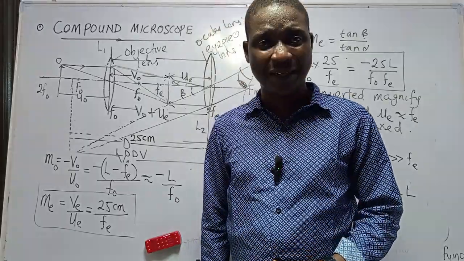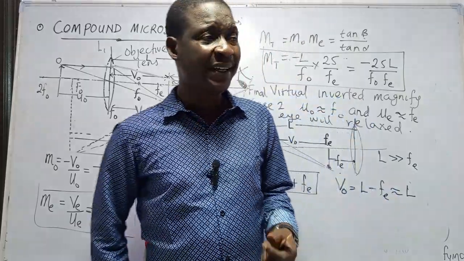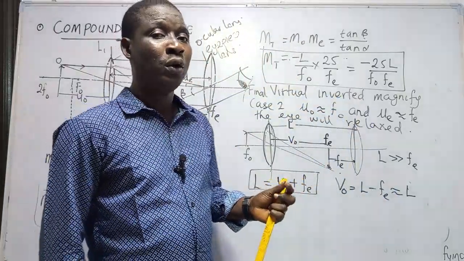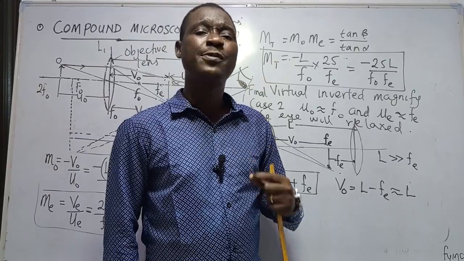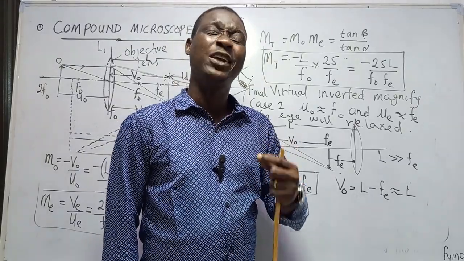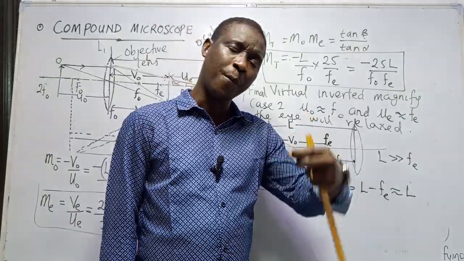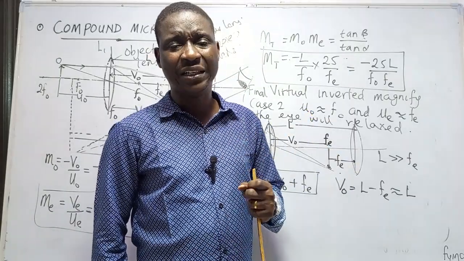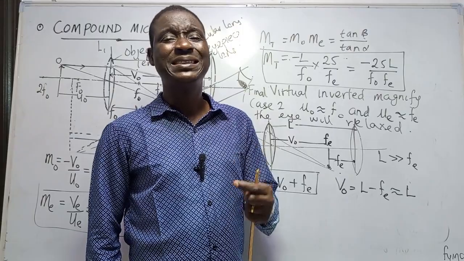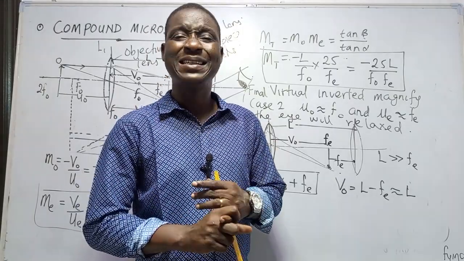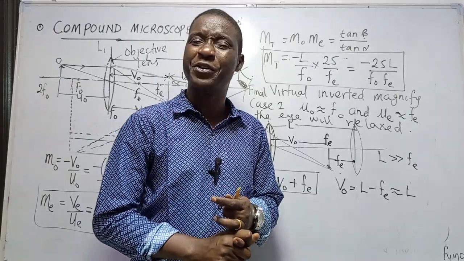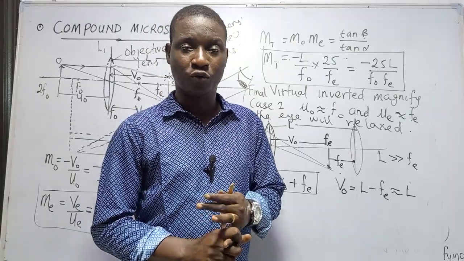You have to type that in the comment section. Number two, what is the image produced by the objective lens of a compound microscope? Number one, why is a compound microscope highly preferable to a simple microscope?